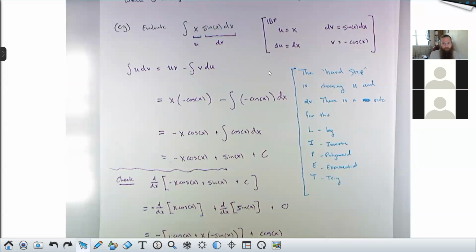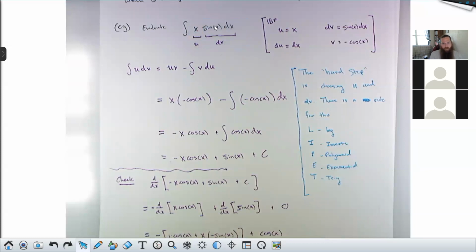No, there's not. Are there any polynomials here? Yes, there are. x is a polynomial of degree 1. So you run down this list looking for stuff in your integrand. As soon as you find something, like here, I do have a polynomial, you pick that piece to be u, and everything else is automatically dv.